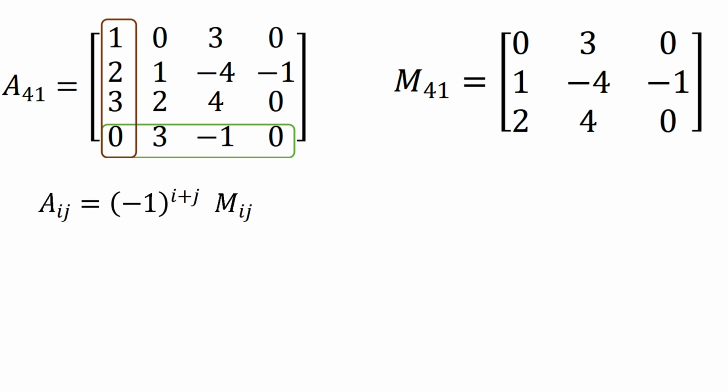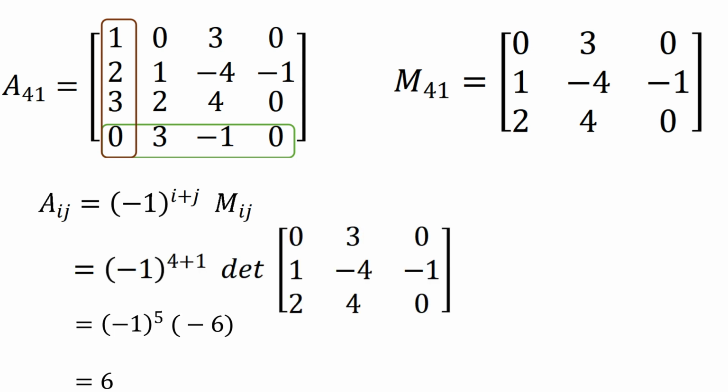Our negative 1 raised to i plus j here is our sign factor. So A sub ij is equal to negative 1 raised to i plus j times M sub ij.